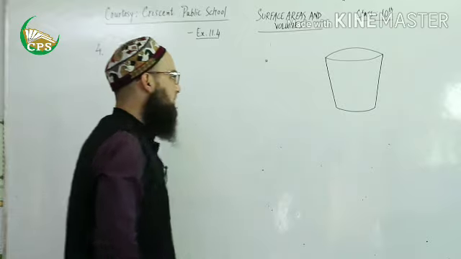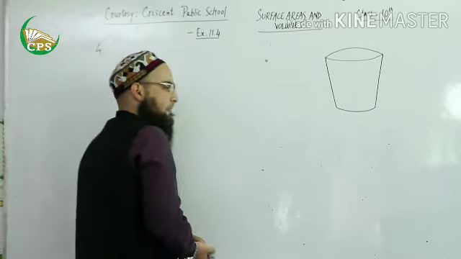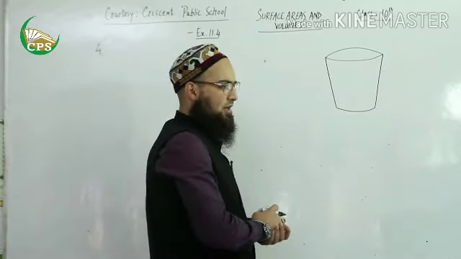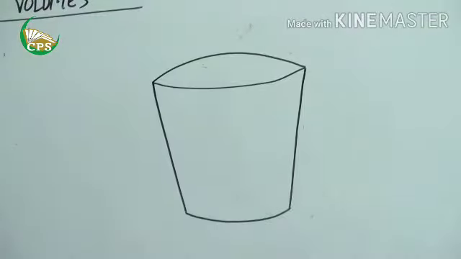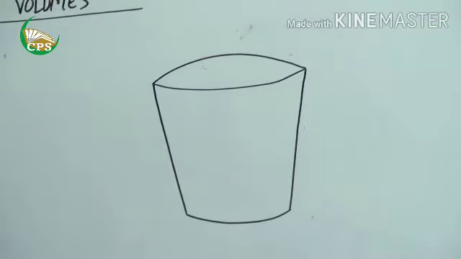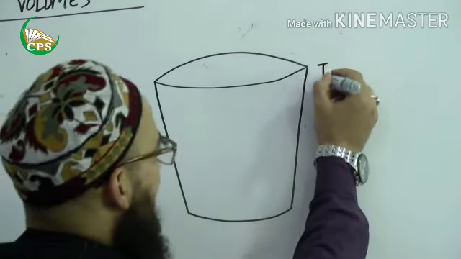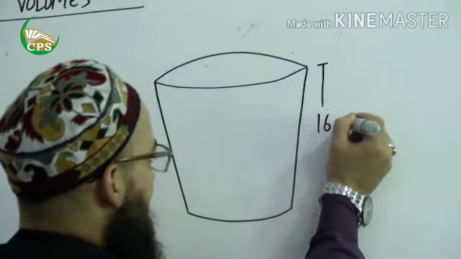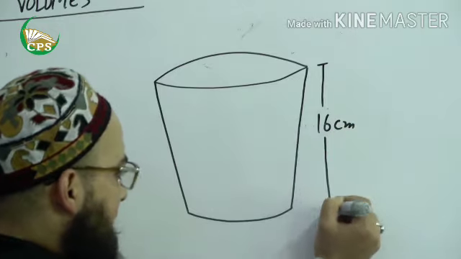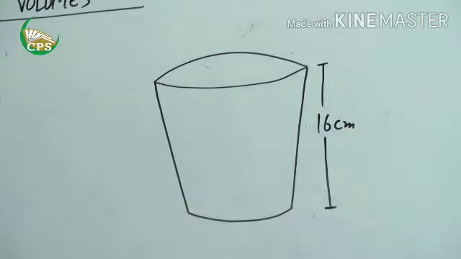It is in the shape of a frustum of a cone, and it's a metal sheet. The container is in the form of a frustum of a cone of height 16 centimeter. Our height is given, that is 16 centimeter.